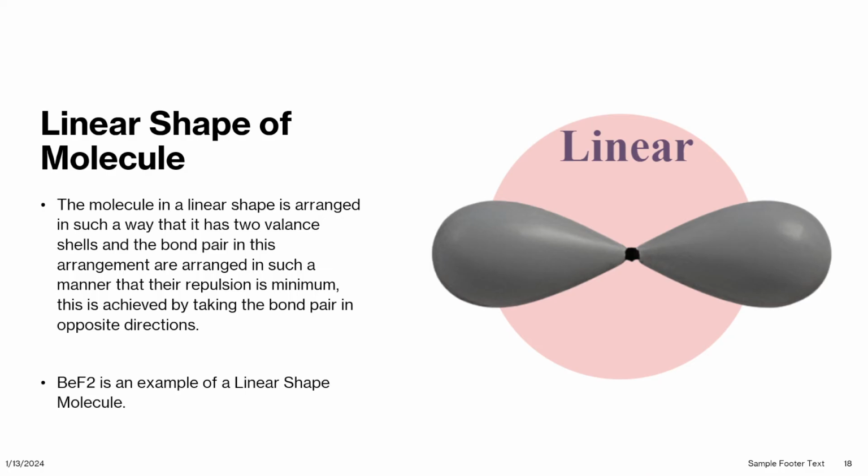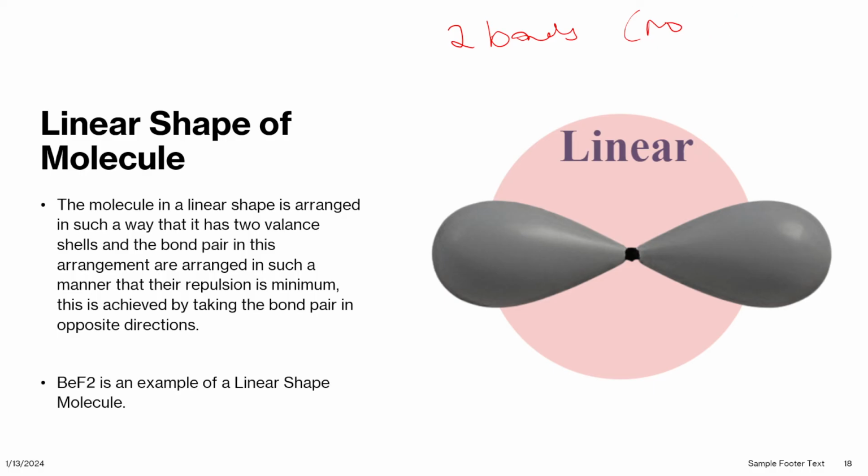Linear shaped molecules. A molecule has a linear shape, meaning a very straight line, if it has two bonded species, so two bonds and no lone pairs.